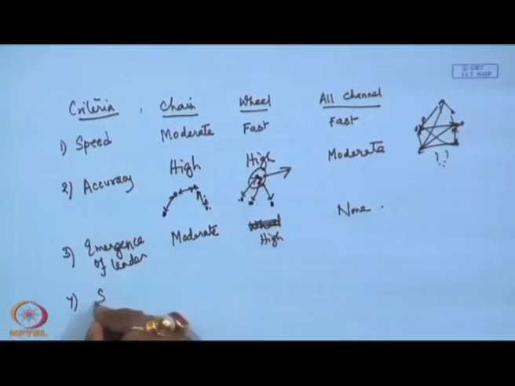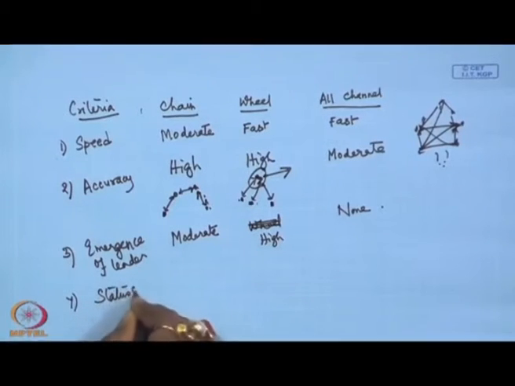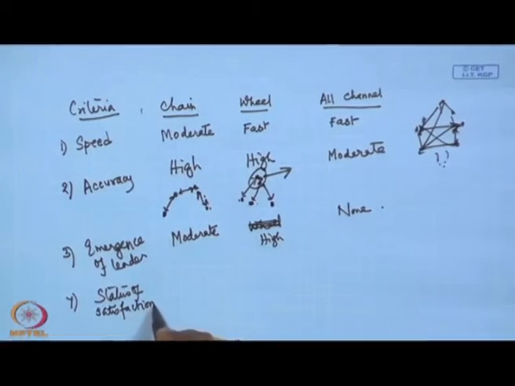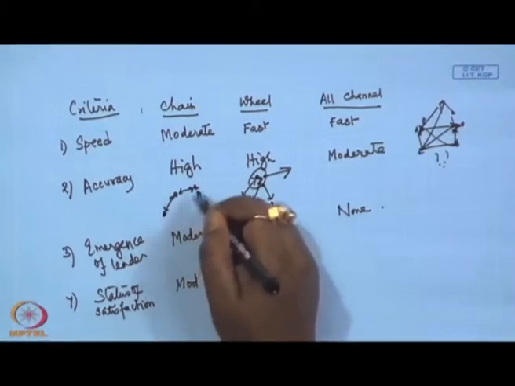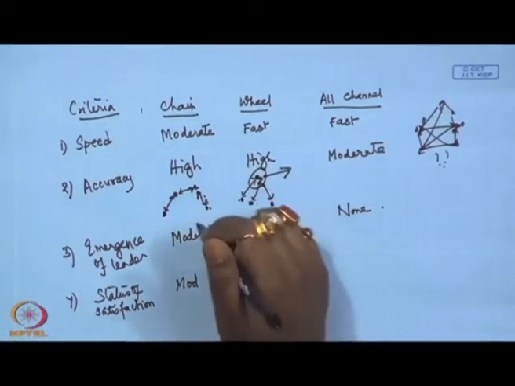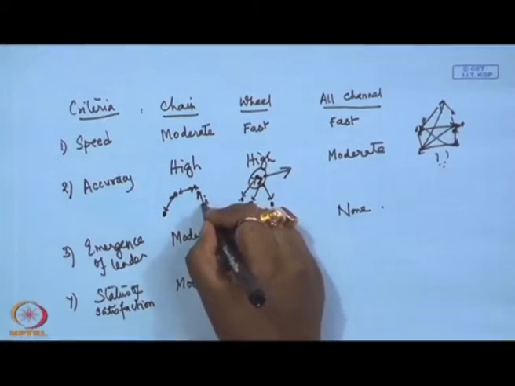When you are talking of the status of members and the satisfaction of members, what do we find? We find it is moderate in chain communication, because one is communicating to the other, and there could be a hierarchy of communication.